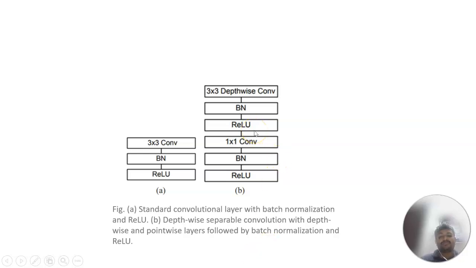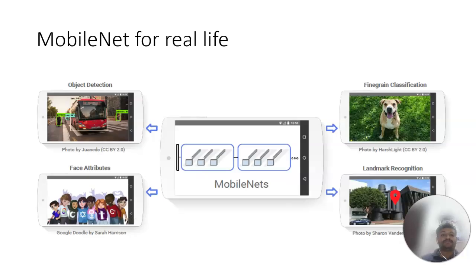Figure B shows a depth-wise separable convolution and point-wise layers, each followed by batch normalization. This is a regular network and this is the MobileNet architecture. In a regular network we have only convolution layers, but MobileNet has a depth-wise convolution, which is then followed by 1x1 point-wise convolutions. This is how we make MobileNet a lightweight network.